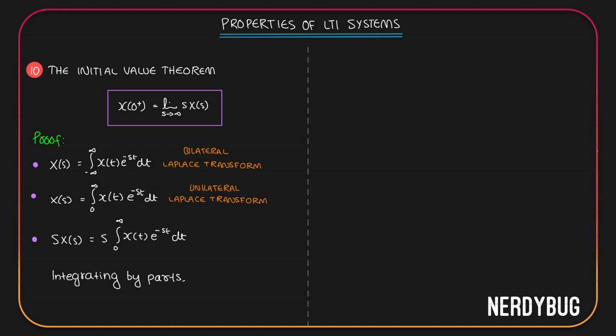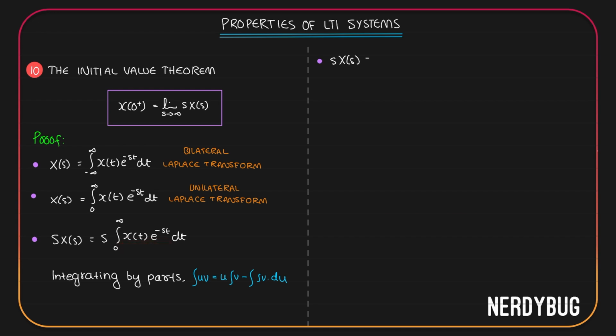Assume you have to find an integral of the product of u and v, that is integral uv. By integration by parts, this will be u multiplied by integral of v minus integral of v multiplied by derivative of u. Here we'll take x(t) as u and e raised to minus st as v.